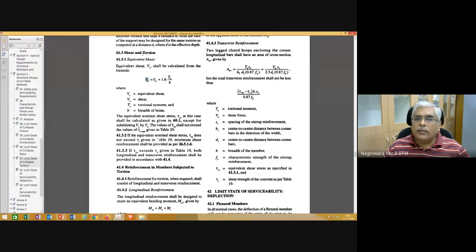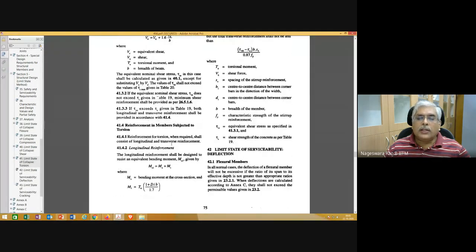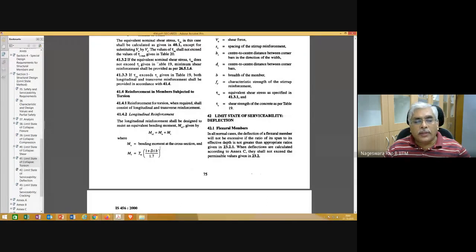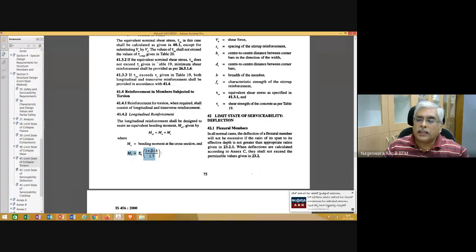And for taking care of this torsion, in addition to the additional stirrups, you need to provide longitudinal reinforcement as well. So you need to convert the torsional moment applied into an equivalent bending moment. And making use of this relation, you can calculate the contribution from the torsional moment, and then you find the equivalent bending moment.